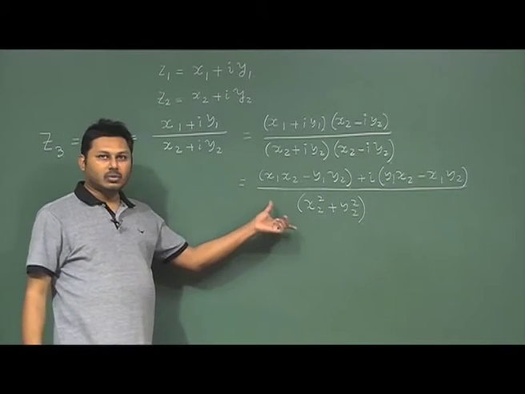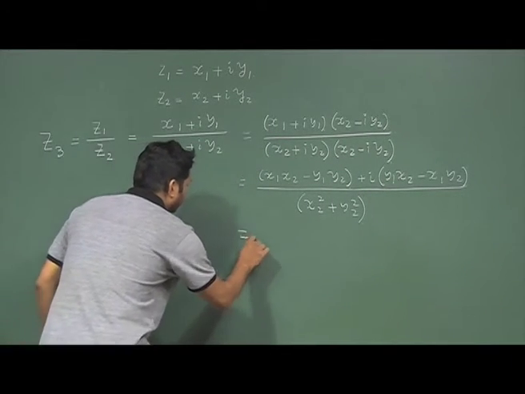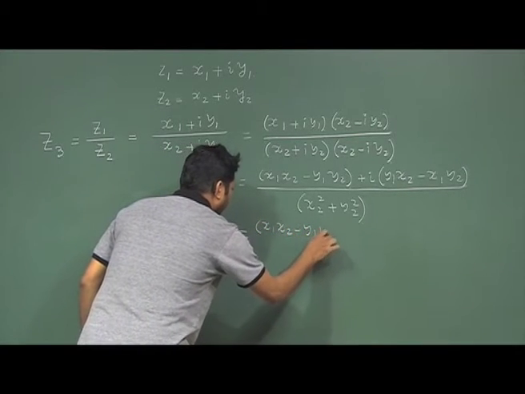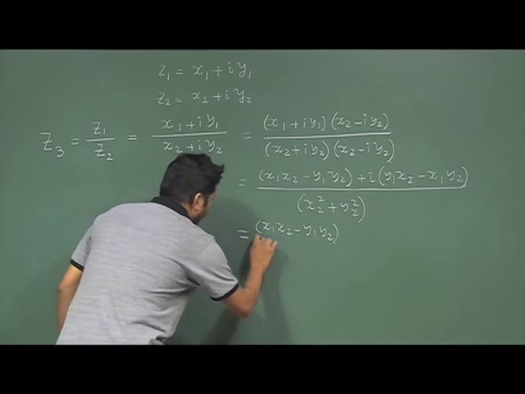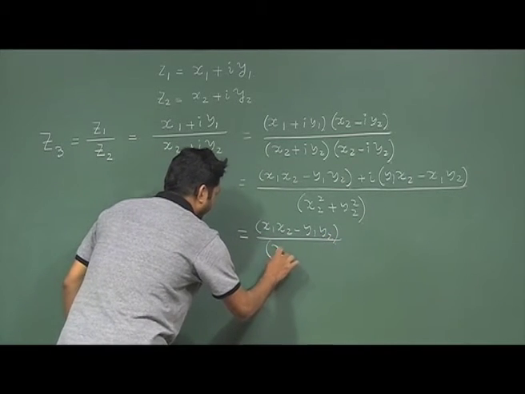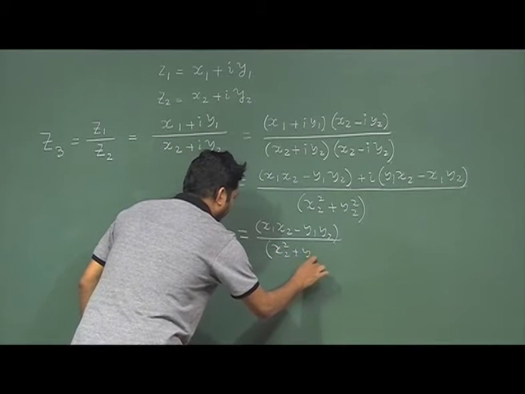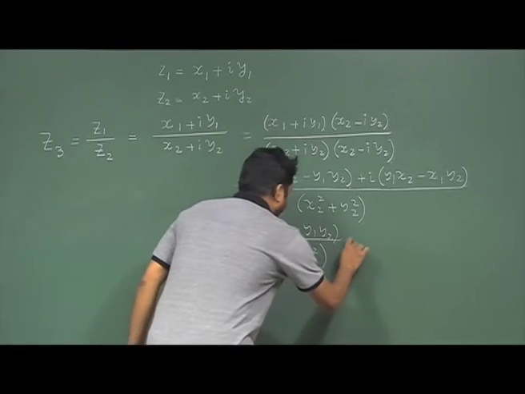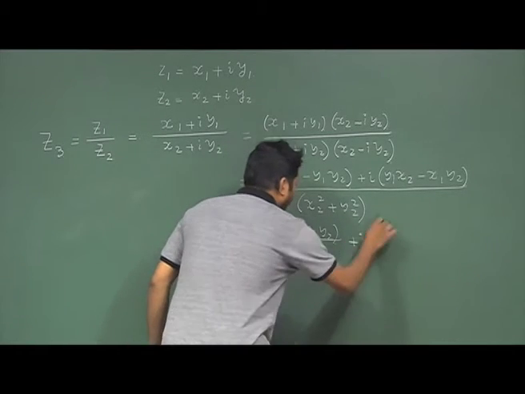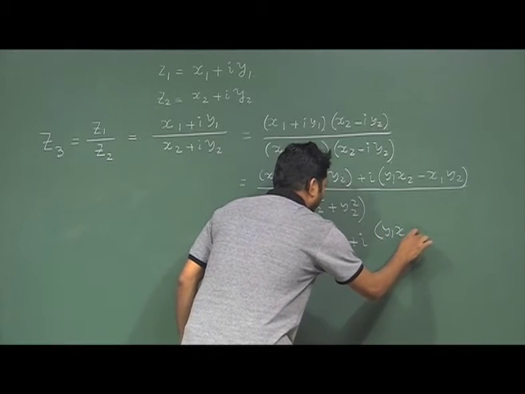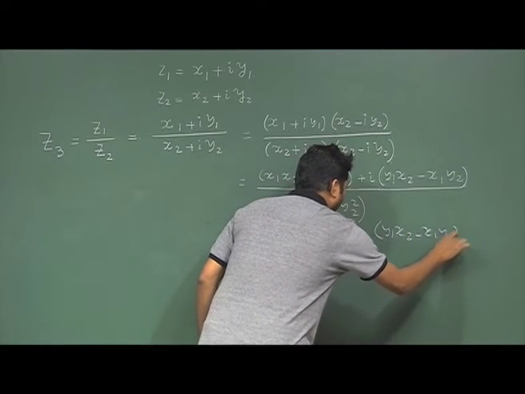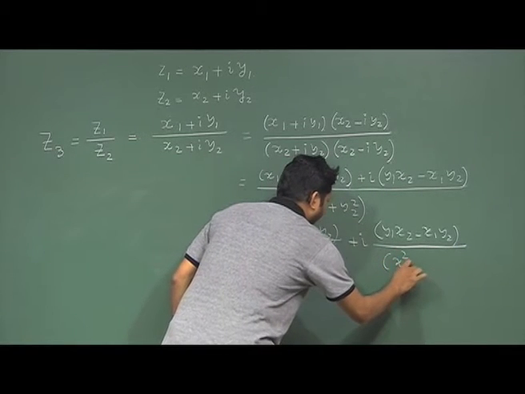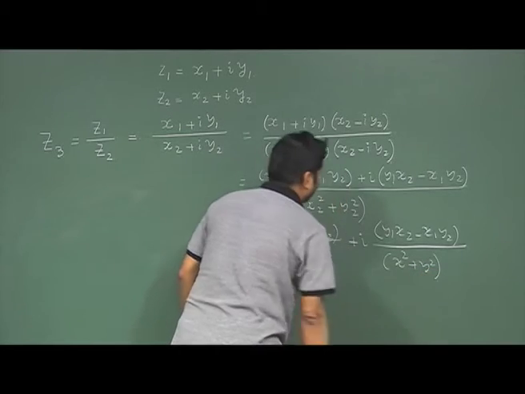Again we can separate it out into two parts: x1 x2 minus y1 y2 divided by x2 square plus y2 square, plus I times y1 x2 minus x1 y2 divided by x2 square plus y2 square.